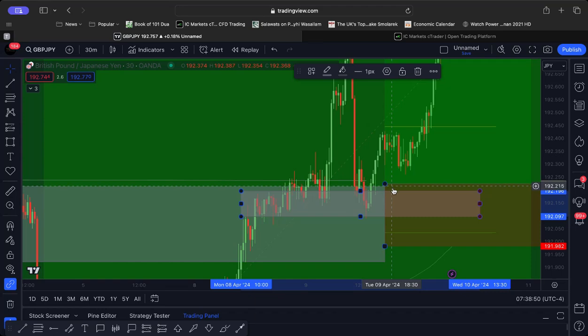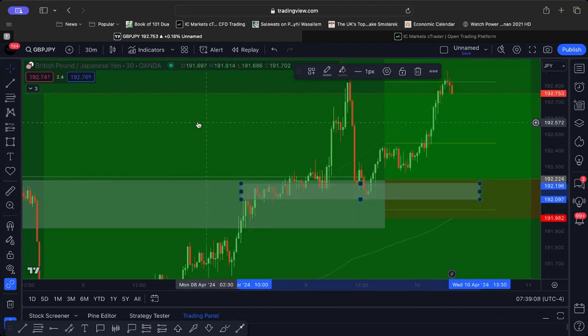Then I scaled up. Then I made sure, because it's a scaled trade, that I place my exit in the right place. So I made sure I placed my exit below this zone and below this pivot as extra support. And what happened? Boom, to the upside.